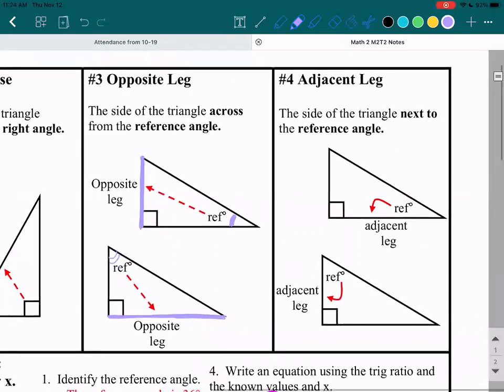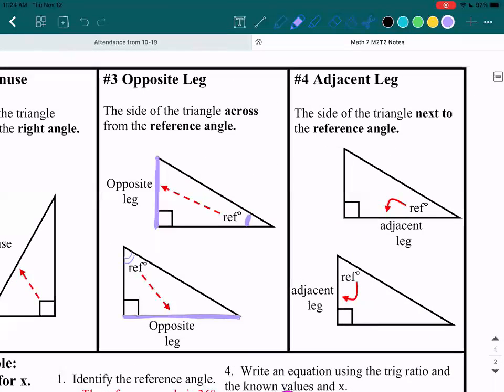Let's go on to the adjacent leg. Adjacent to what? It's adjacent to the reference angle. Adjacent means next to, okay? Like if you're sitting next to me, you are adjacent to me. So let's take this triangle and say the problem says the reference angle is this bottom one over here. Then the adjacent leg must be the one directly touching it.